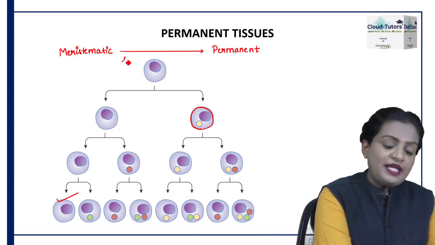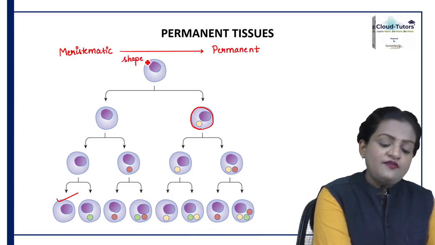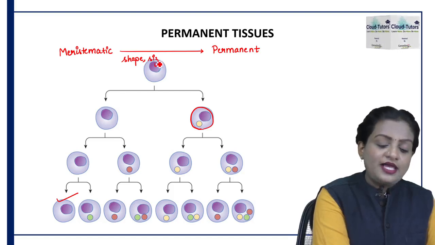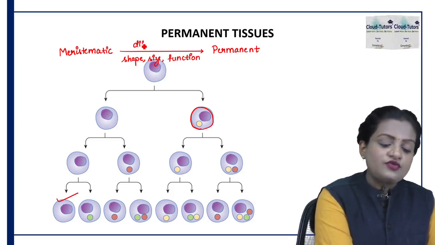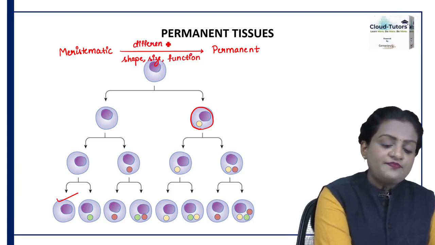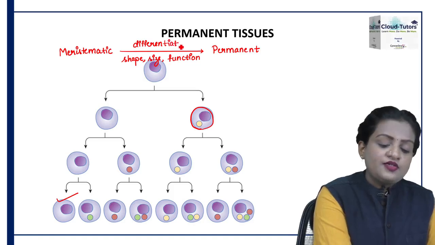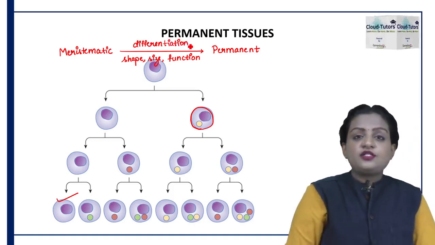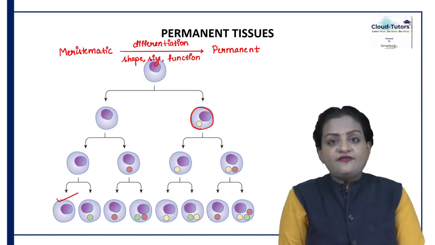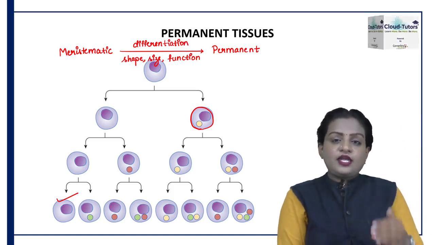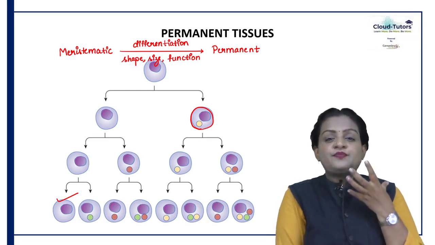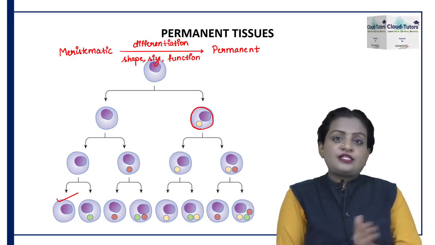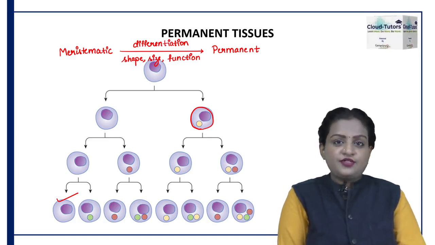First it has to obtain a specific shape which can't be changed later, size and also function. And this stepwise process itself is known as differentiation. So if they ask what is differentiation, it is the process by which a dividing cell obtains a particular shape, size and function for its lifetime.